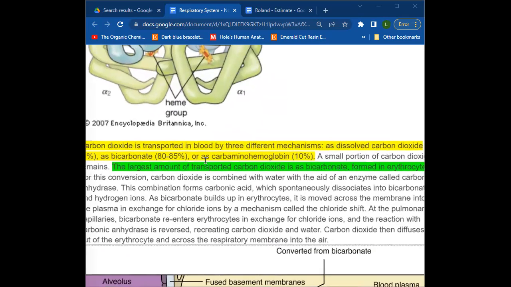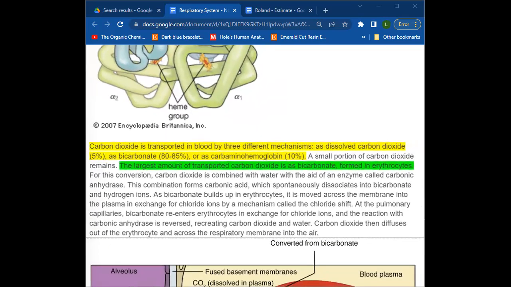Okay, and then the last thing before we have to stop is that carbon dioxide can be transported 3 ways. It can be transported as dissolved carbon dioxide, as bicarbonate, or as carbaminohemoglobin. So carbaminohemoglobin sounds scary, but really all that is just carbon dioxide attached to hemoglobin.